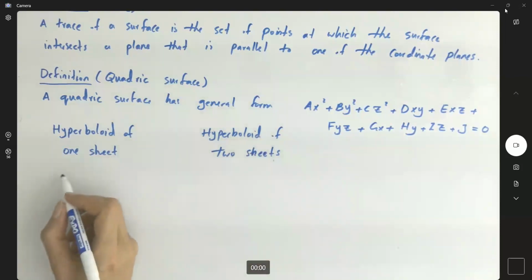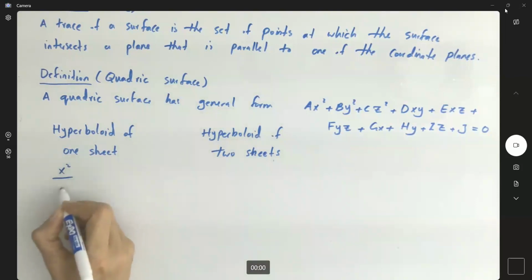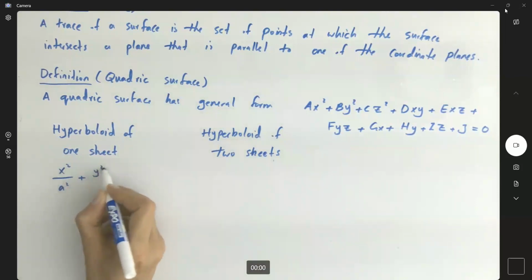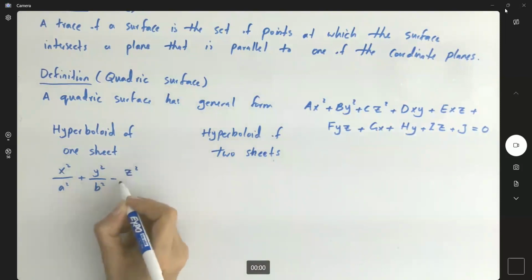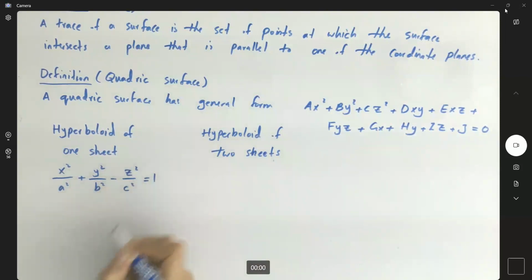The very first equation is x squared over a squared plus y squared over b squared minus z squared over c squared equals 1.